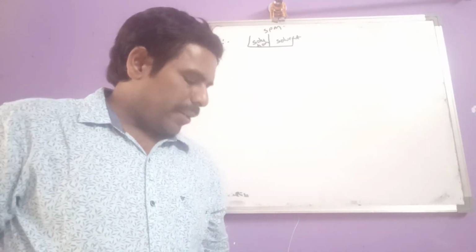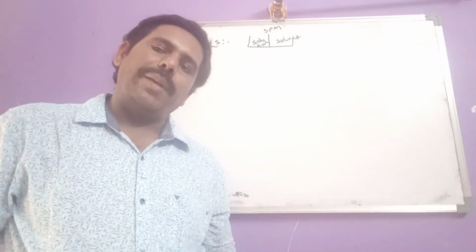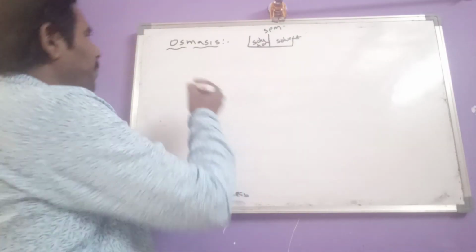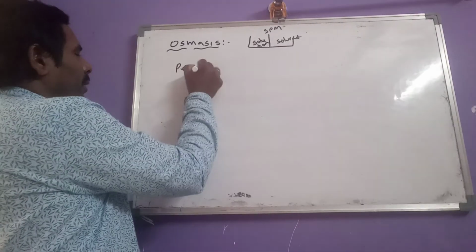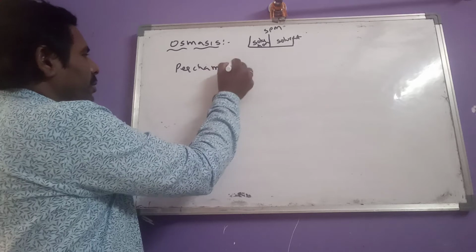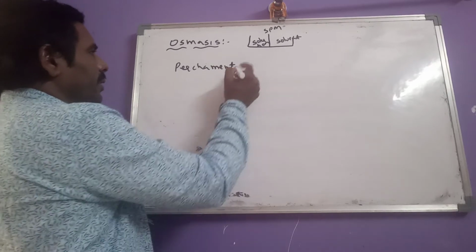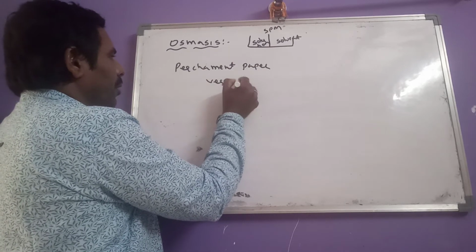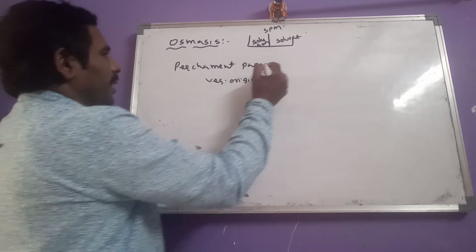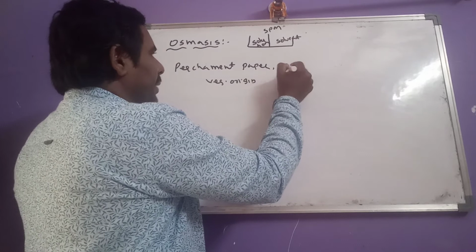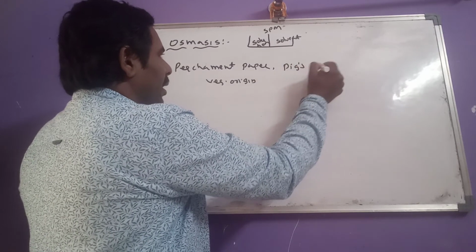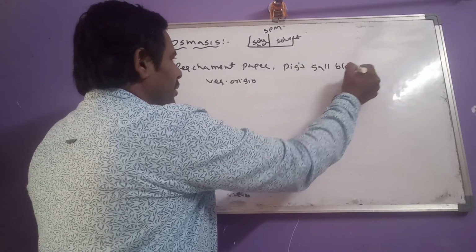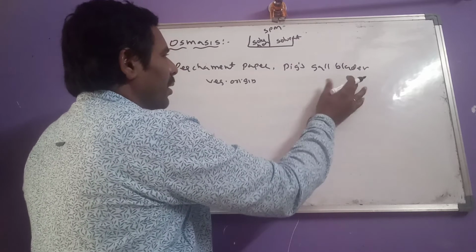So what are the examples for semi-permeable membrane? Parchment paper. Parchment paper is of vegetable origin. Then pig's gallbladder, of course, belongs to animal origin.